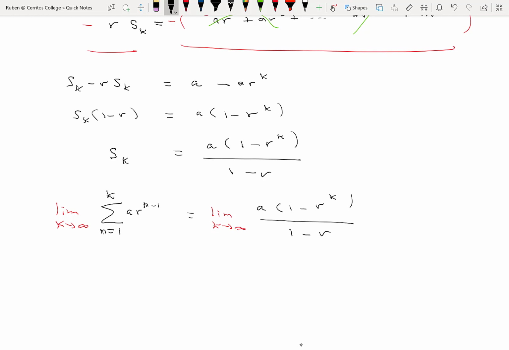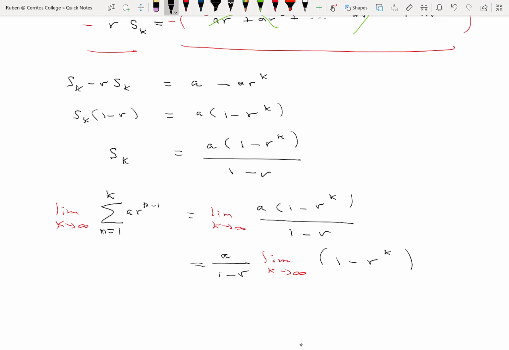That limit on the right-hand side might look real complicated. It's not at all very complicated. K is approaching infinity, so everything else in that limit on the right-hand side is constant. So just to emphasize that, I can factor the a over 1 minus r out of that limit process. If I do, I have a over 1 minus r. Remember, you can factor constant multiples outside of limits, times the limit of 1 minus r to the k.